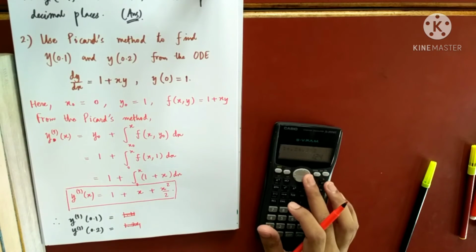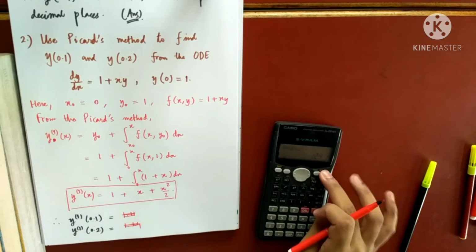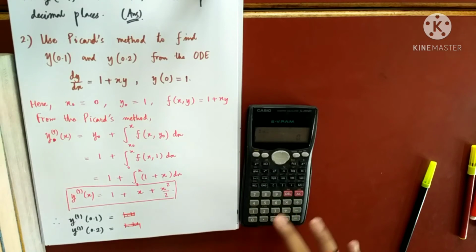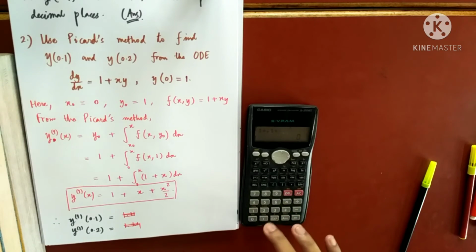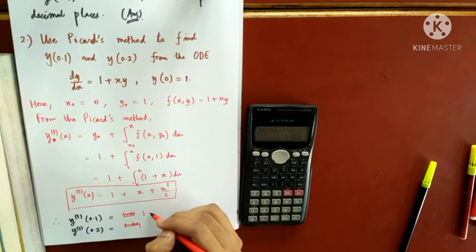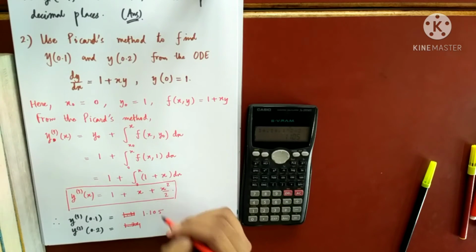Did I do some mistake? Just a minute. Yes, I made a slight mistake while computing. It is divided by 2, right? So 1 + 0.1 + 0.1 square divided by 2. I forgot to divide this by 2.